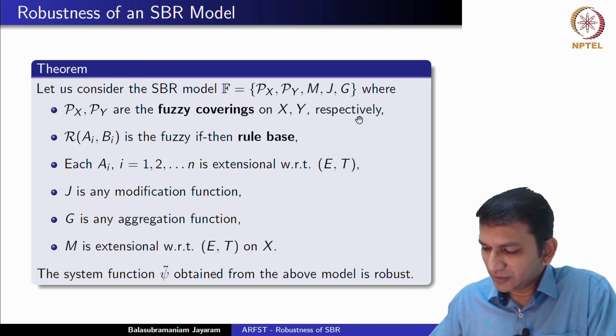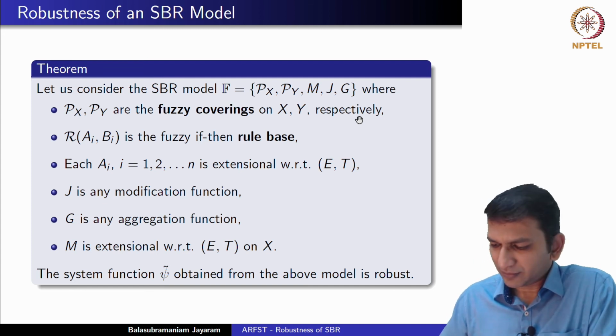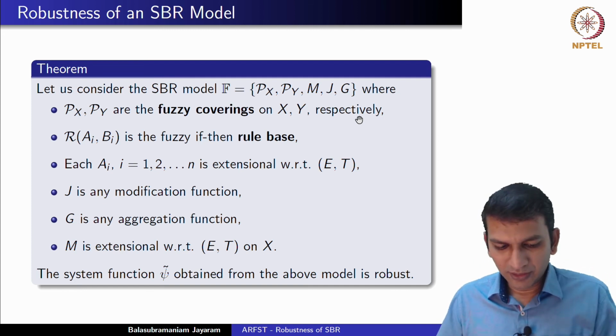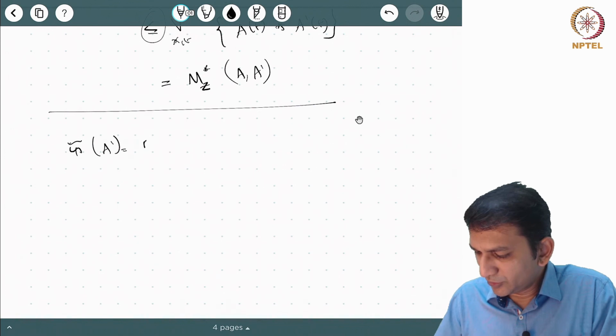Now how do we prove this? Let us look at this. So we know that psi tilde of A dash is equal to B dash.